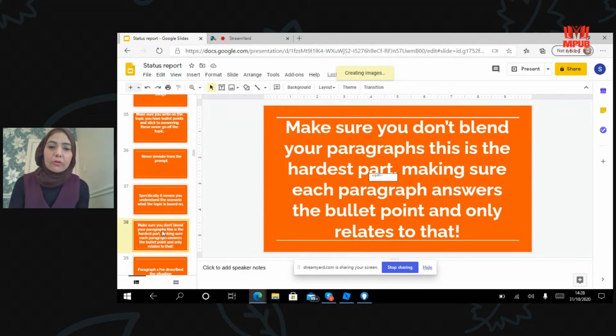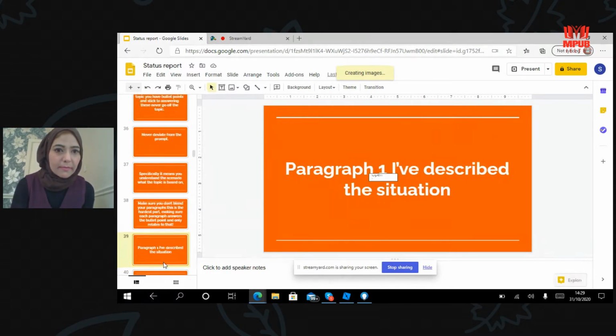So make sure you don't blend your paragraphs. This is the hardest part. Making sure each paragraph answers the bullet point and only relates to that. So you're not going off the first bullet point, you're just answering that. And you're not blending everything into the paragraphs. So paragraph 1, I've described the situation.